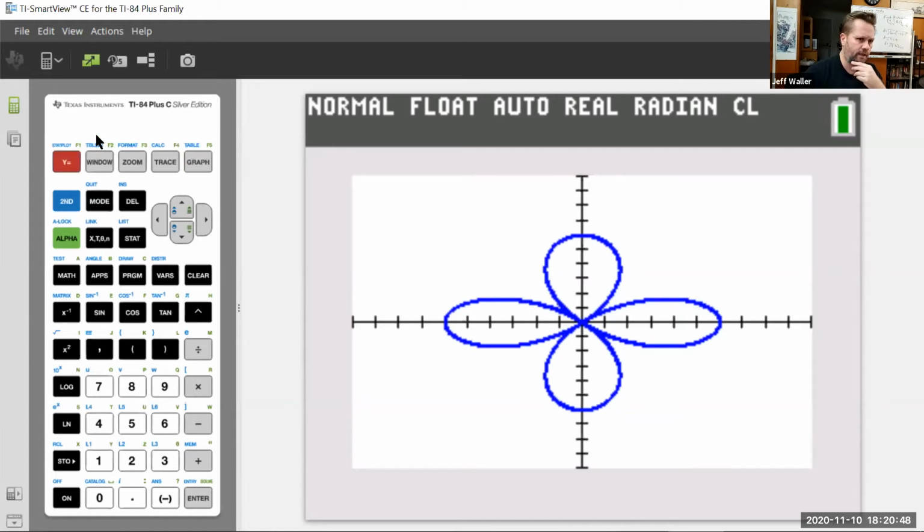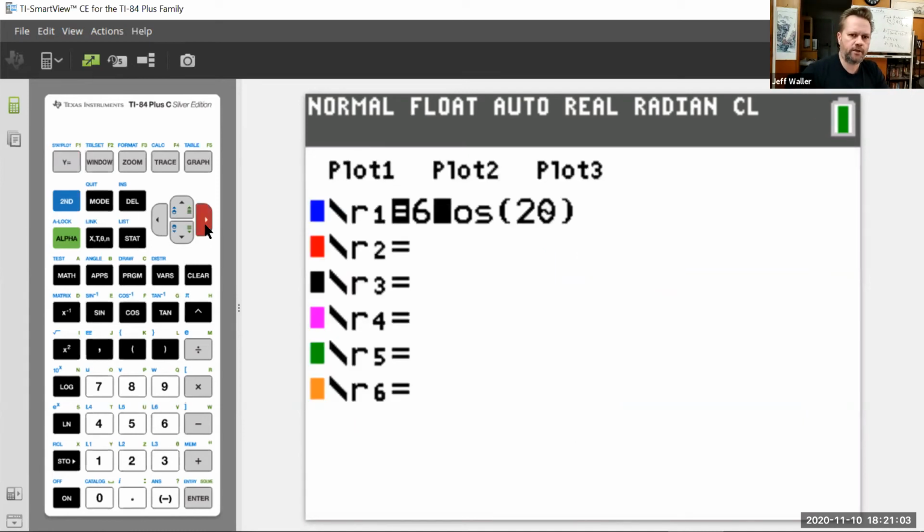With lemniscates, it seems to be the other way around, right? It has to do with how much room there is within the domain for it to retrace itself. Now watch, if I put a 3 in here, let's see what happens.